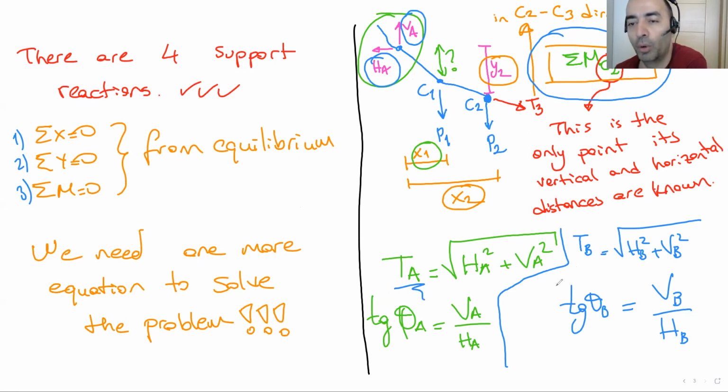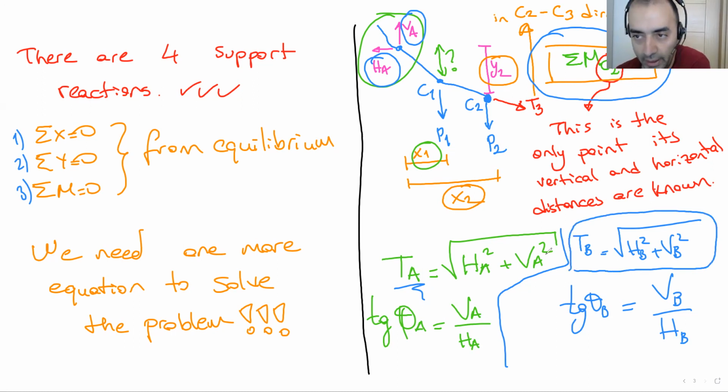It's the same for the point B. If I use the other side, yes, I can do it. TB equals HB squared plus VB squared and take the square root. That's it. It gives you the total support reaction.